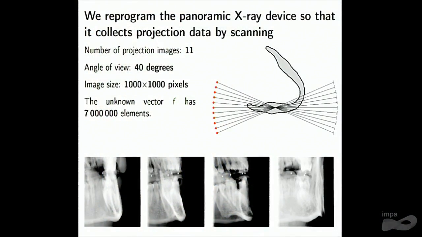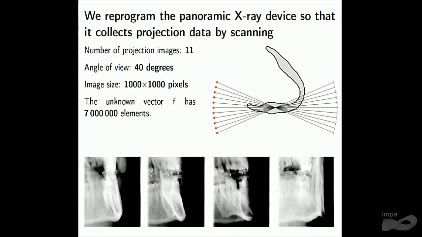Also, let me comment that, like I showed you on Tuesday, I showed you these little Sudoku images, like 3x3 Sudoku with some numbers. We have the same situation here in principle. We have 3D voxels instead of the 2D pixels, and we have 7 million voxels in this volume of interest.